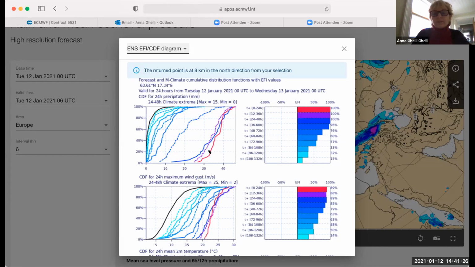So 4 members tell you the precipitation is less than 33 millimeters per 24 hours. That means the other 50 minus 4, 46, are telling you there is more precipitation than 33. That is the 80% above. Is that clear?